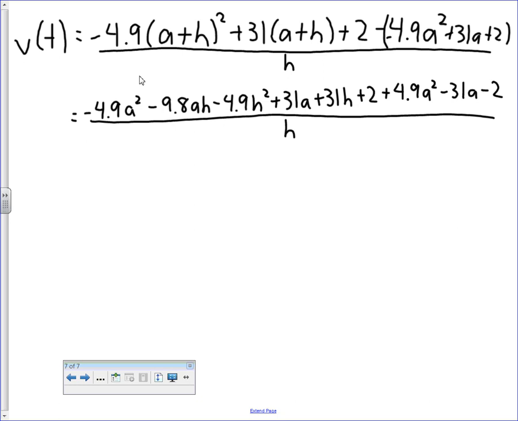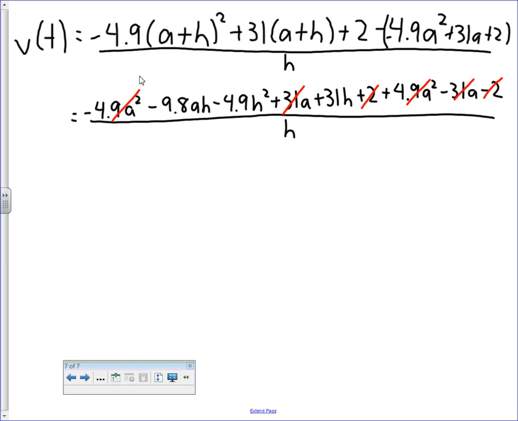Can I get a third volunteer to tell me what cancels, if anything? 4.9a squared. Good. Anything else? 31a. And 2 and 2. Okay, can I get someone to neaten that up for me, please?